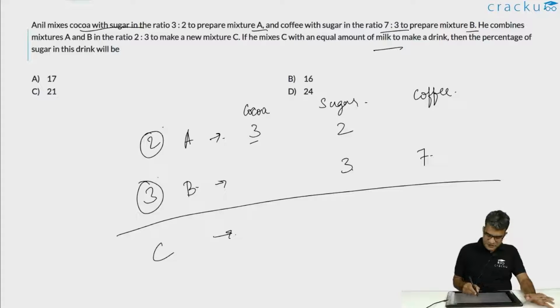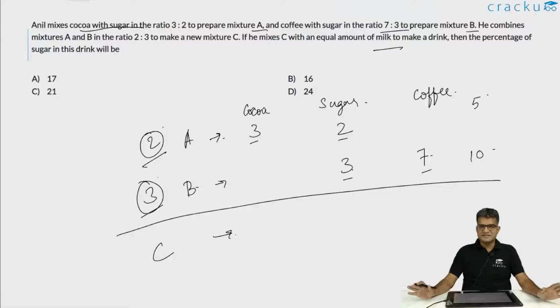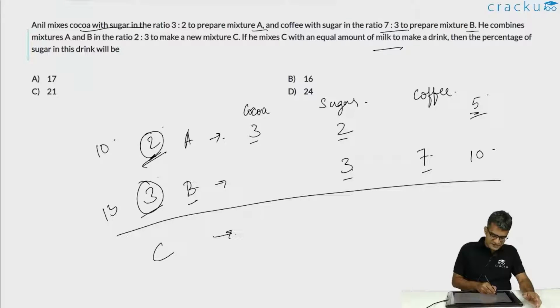We have 3 plus 2 is 5. We have 3 plus 7 is 10. And they are mixed in the ratio of 2:3. Just to make calculations easy, because this is 5 and this is 2, let us assume that the total amount of A that is mixed is 10 kgs, which is 2 into 5. Therefore, the amount of mixture B that is mixed will be 15 kgs, because A and B are in the ratio of 2:3.